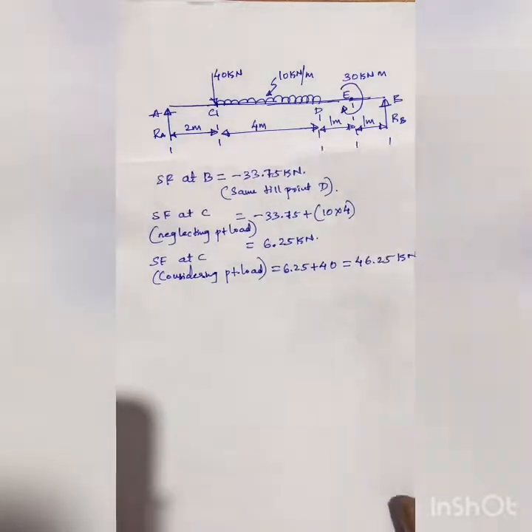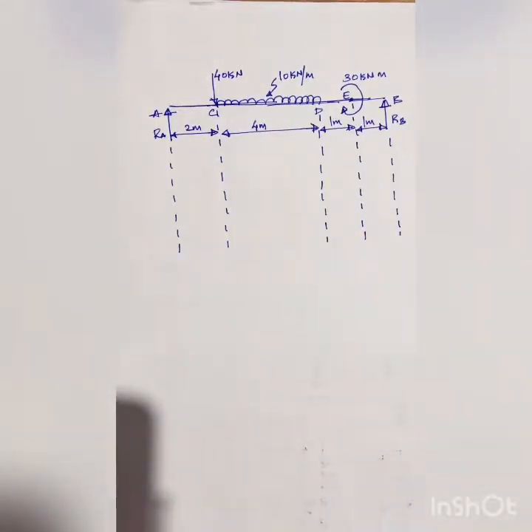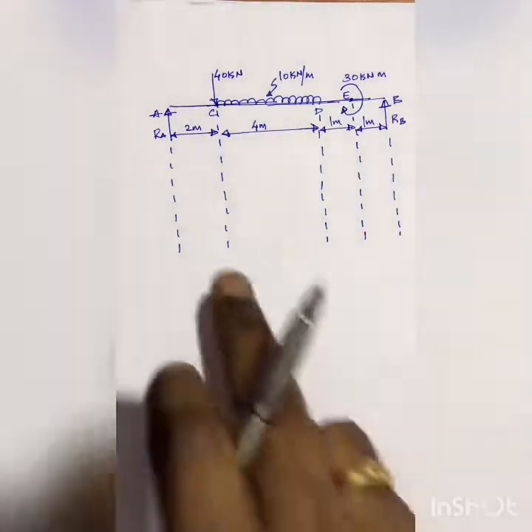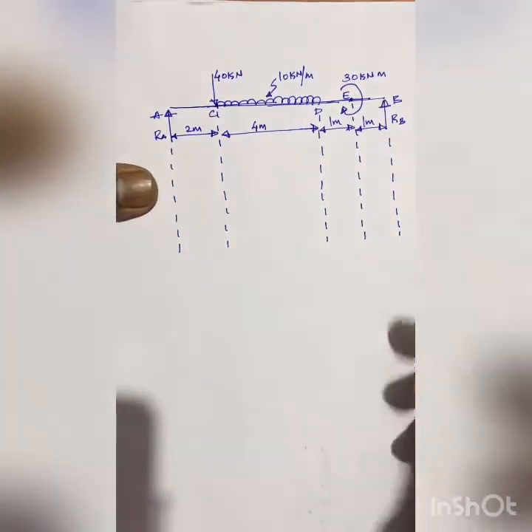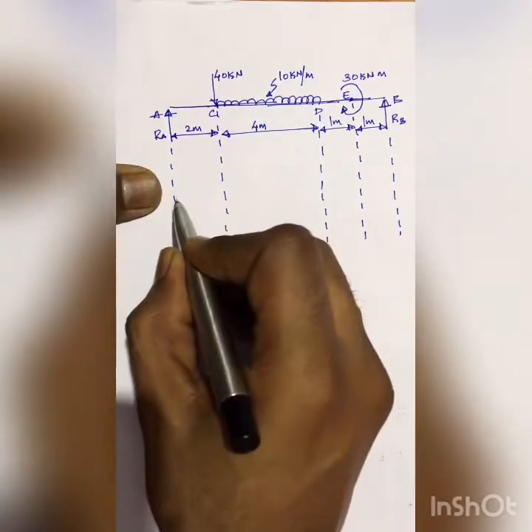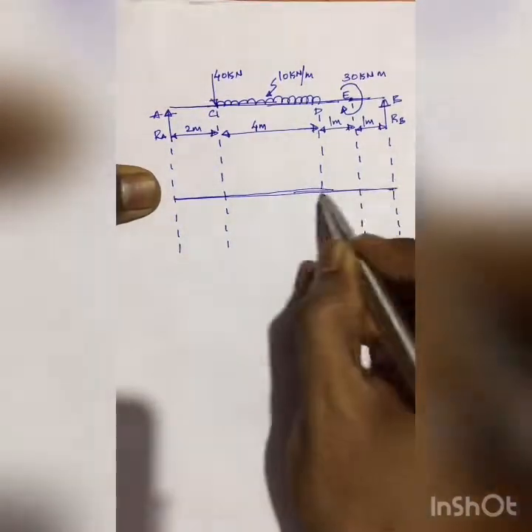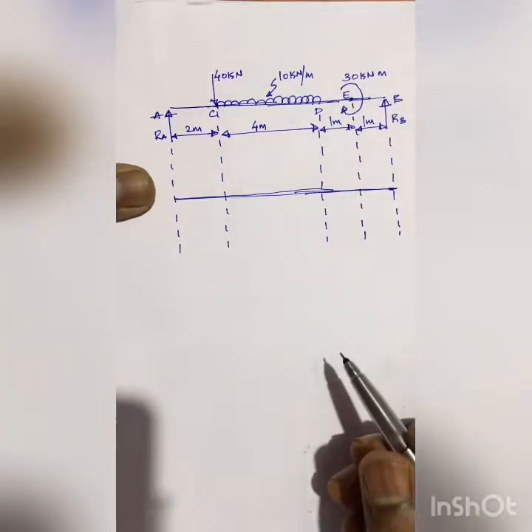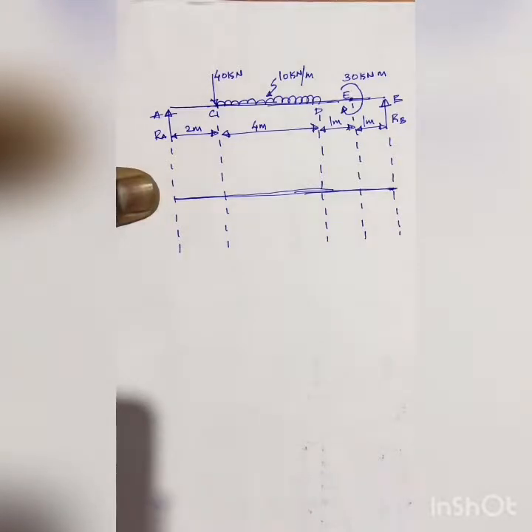So now let's start drawing the SFD for this. I have projected these lines here so that I can draw the SFD and BMD below that. First let me draw the datum line, that is the zero line. I know that shear force at B is minus 33.75.